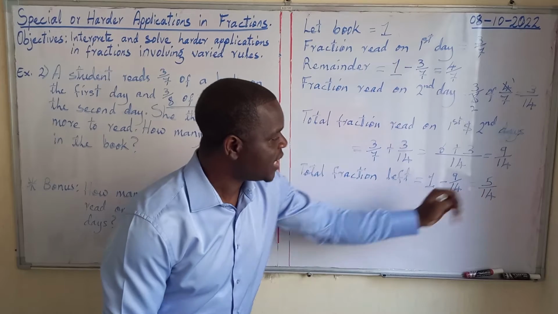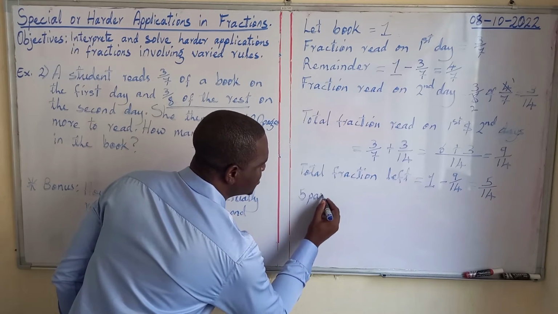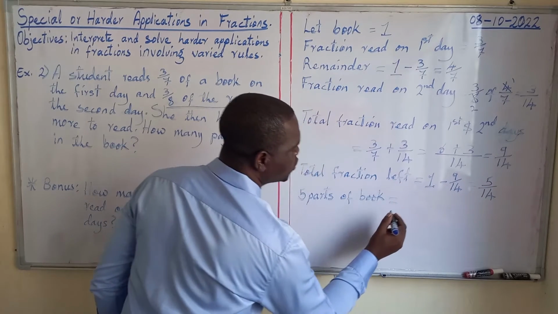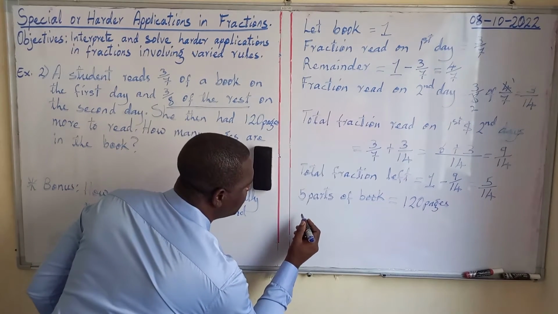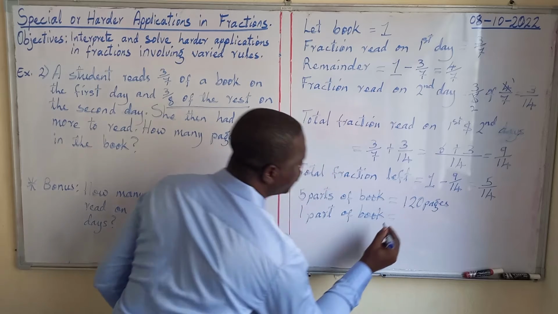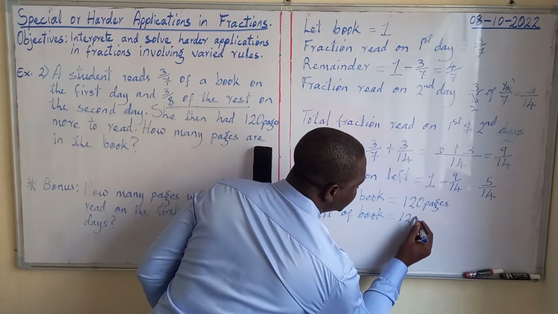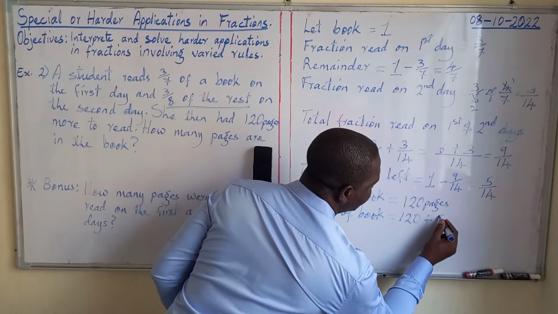If 5 parts of book is equal to 120 pages, 1 part of book will be equal to 120 divided by 5.